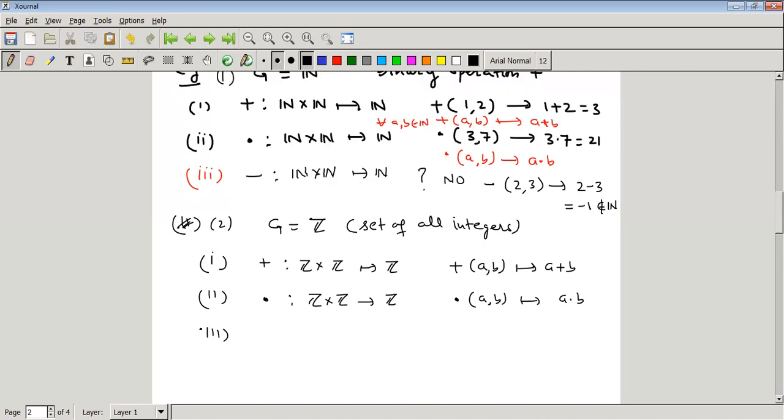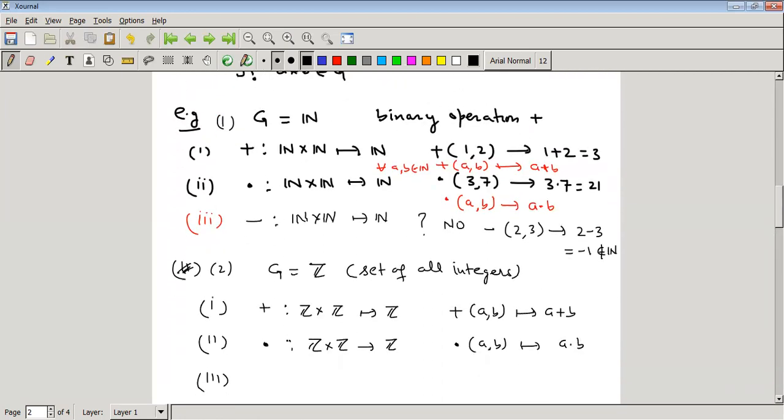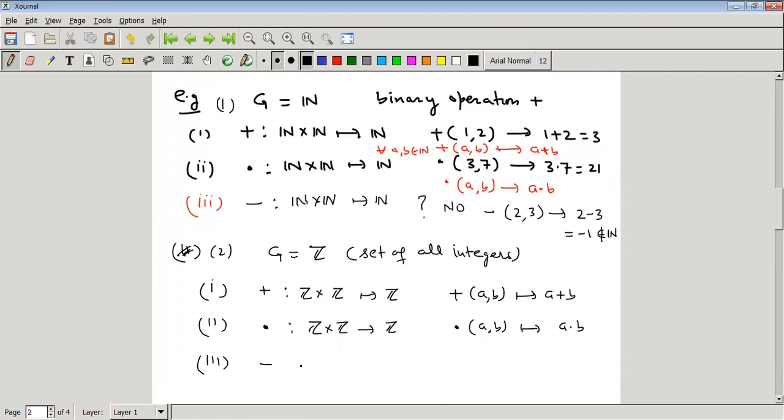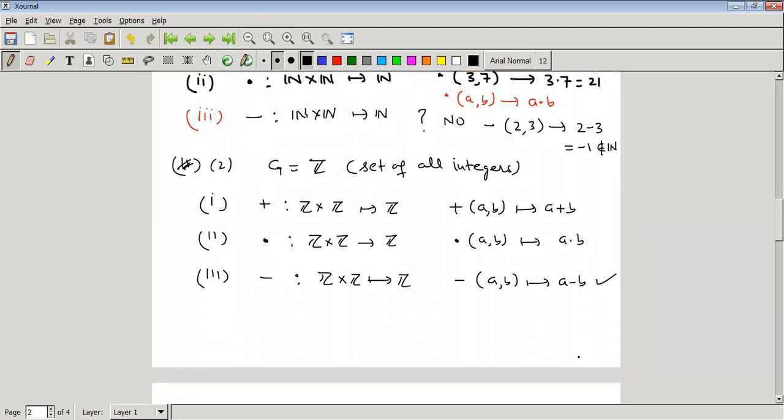Now think about subtraction. Is subtraction on integers a binary operation? Yes. In case of integers it is true. But now think about division.